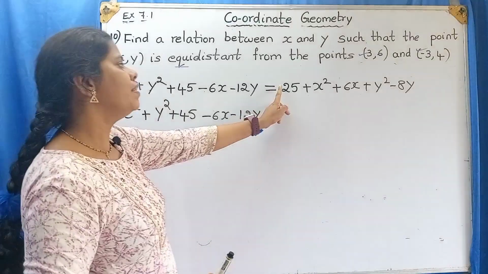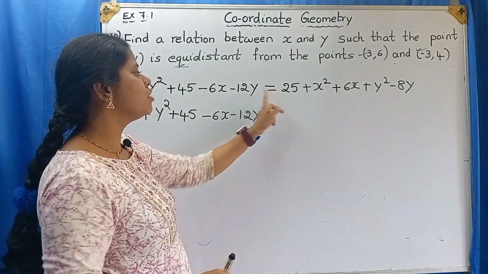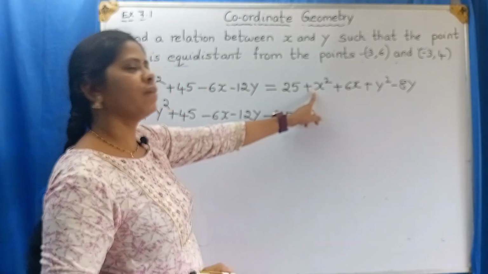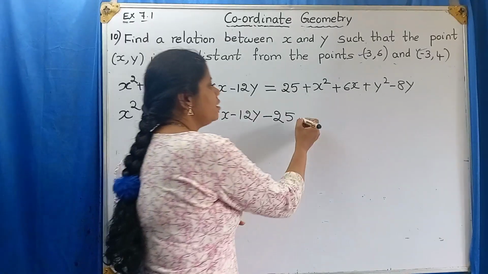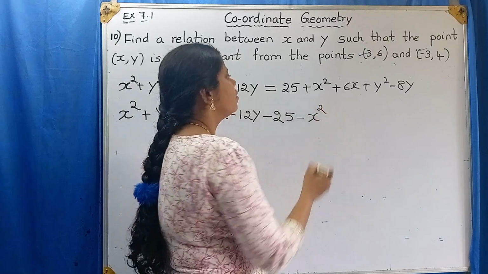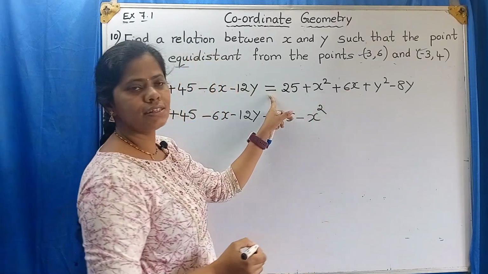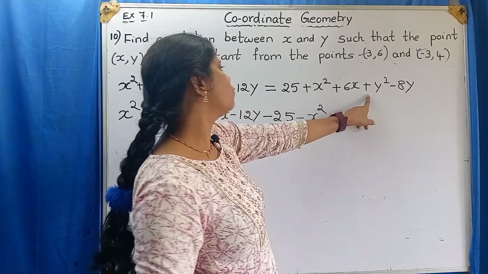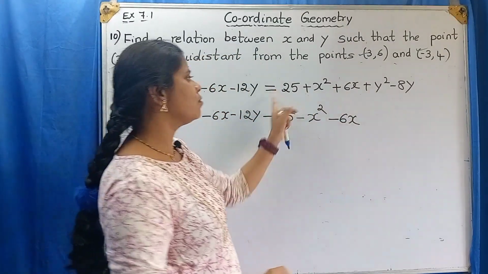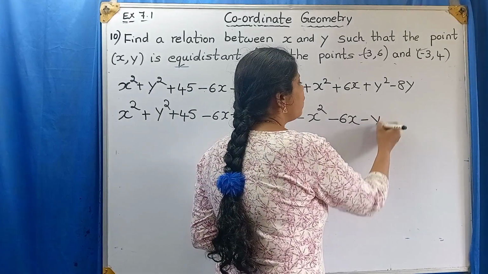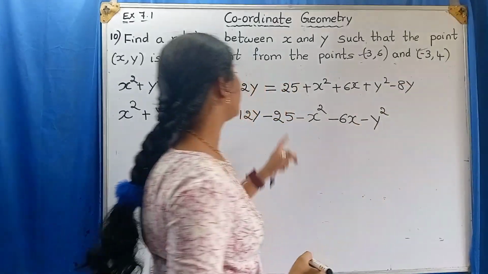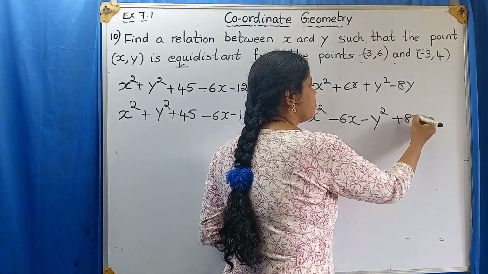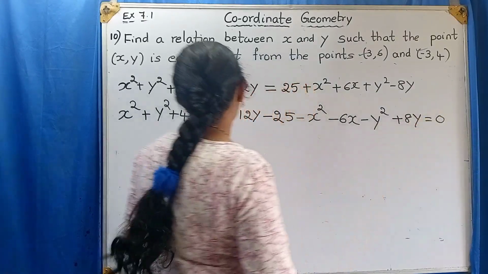Now, when this plus 25 will cross this is equal to sign, it will become minus 25. Plus x square, when it will cross, it will become minus x square. Plus 6x will become minus 6x. Plus y square will become minus y square. Minus 8y will become plus 8y is equal to 0.